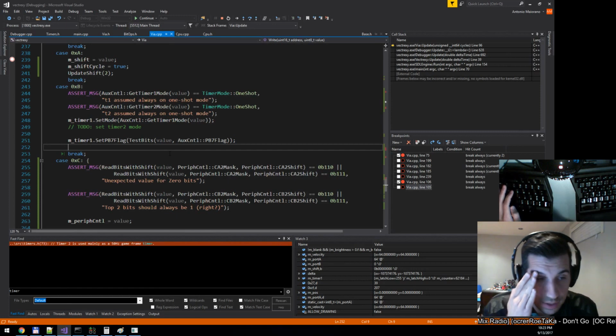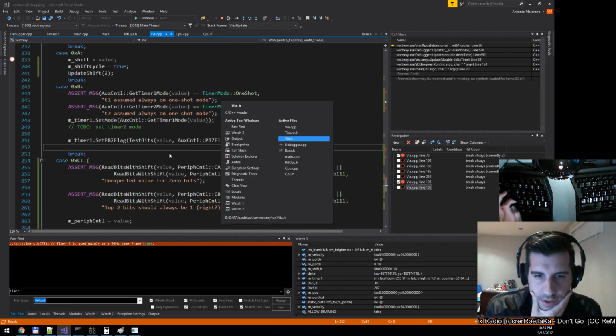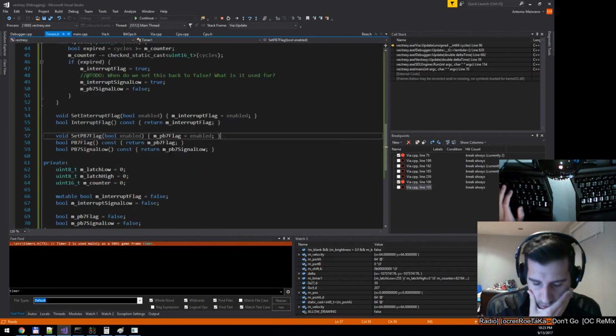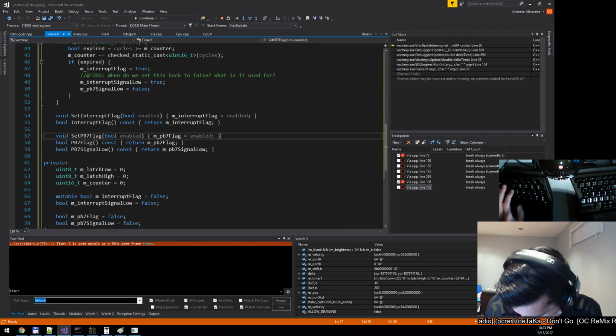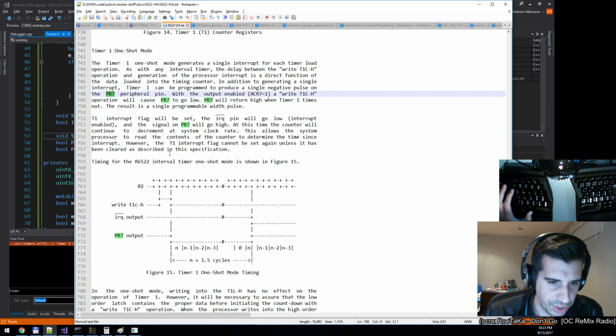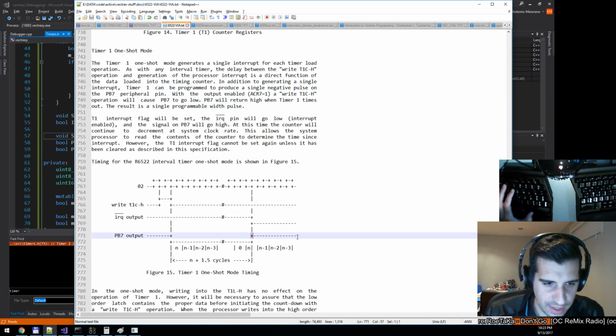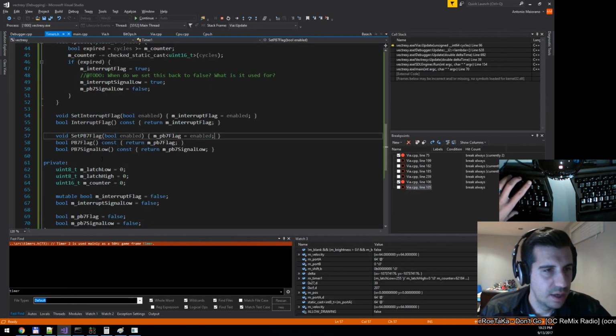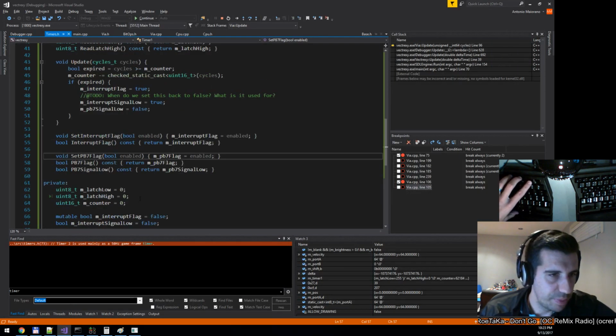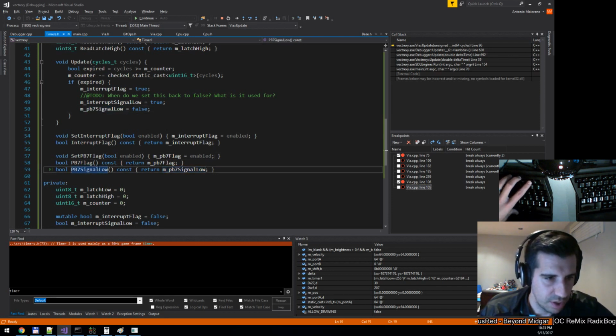Let me see. Yeah, look at this picture. When the timer has expired, PP7 should go back to high. Am I doing that? My timer should be expired. PP7 signal is low.